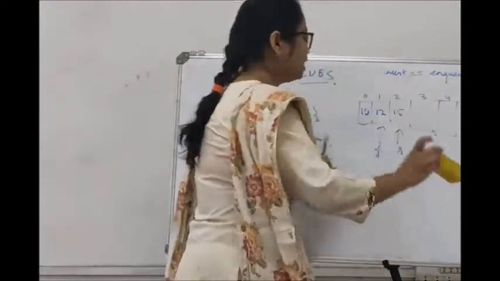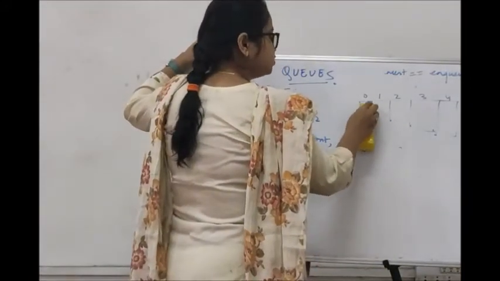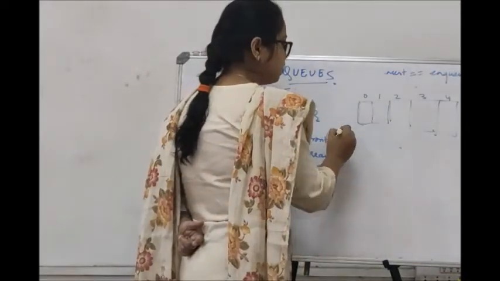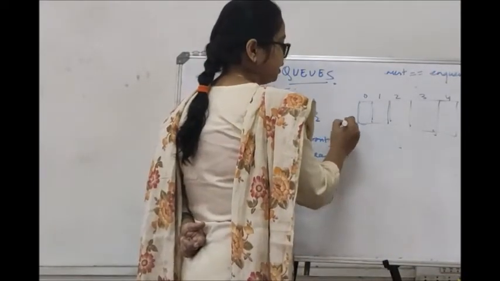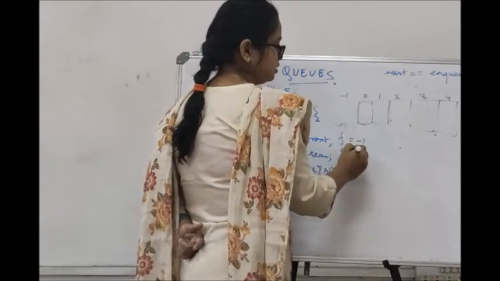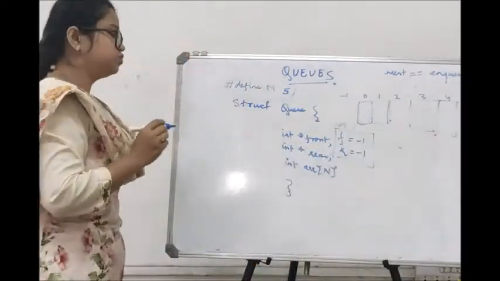But suppose there is no element, the size is 5, but no NQ operation has been done so far, that means front and rear will point to -1. By default, these are initialized to -1.